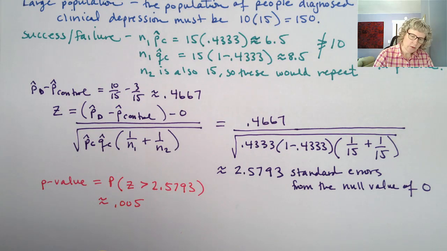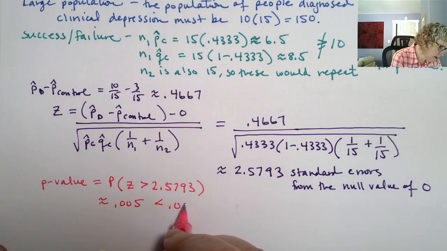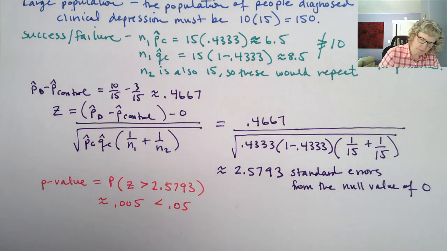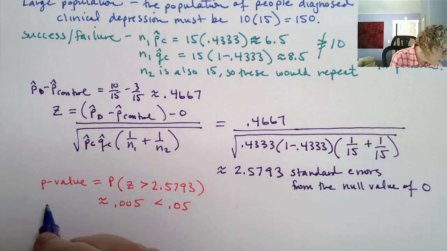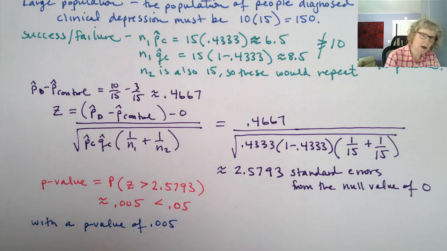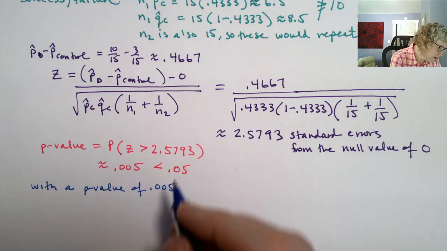But this is definitely smaller than most significance levels, so I will say it is less than 0.05, which is our default significance level. And let's write our conclusion. Okay. With a p-value of 0.005, we reject the null.